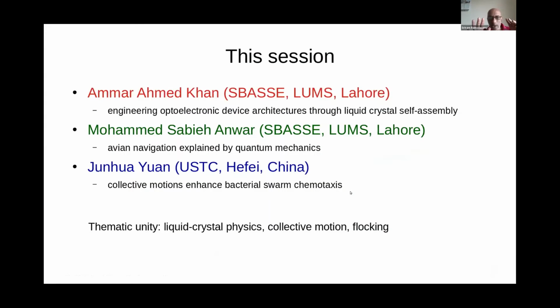Okay, so now let's first talk about this session before we go any further. Aside from my presentation, there are 3 talks in this session. Ammar Ahmad Khan will talk about using self-assembled soft structures, liquid crystals, to create materials with anisotropic conductivity and with potential applications in photovoltaics and optoelectronics in general.